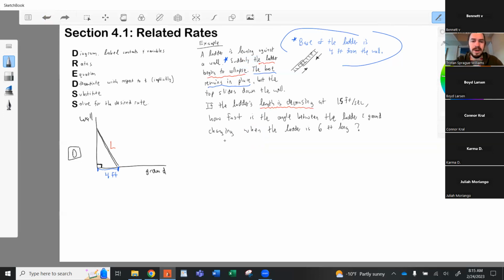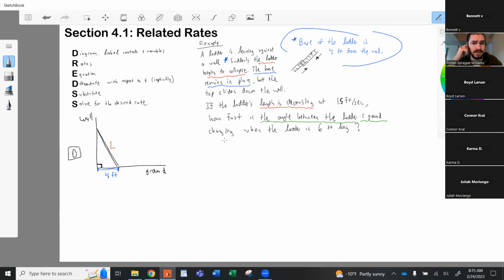What else can we label? We might want to label the angle, because we're asking how fast the angle between the ladder and the ground is changing. Is that going to be a constant or a variable? Well, we're asking how fast it's changing, so it indicates that it's probably variable.